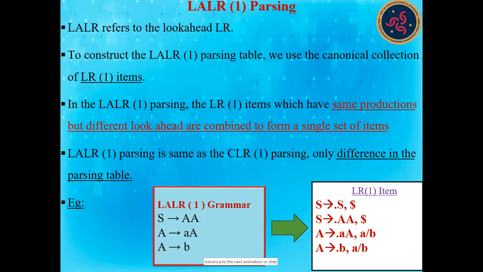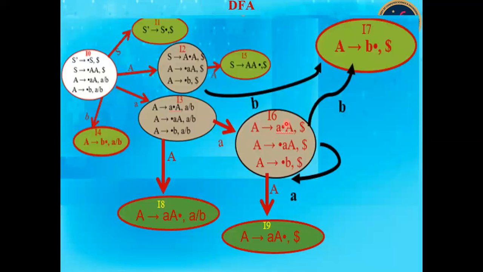Again, I have created a DFA for the CLR parser. How to create this DFA, you also have to watch in the previous video. So this is the DFA. Next I need to construct the LALR parse table.